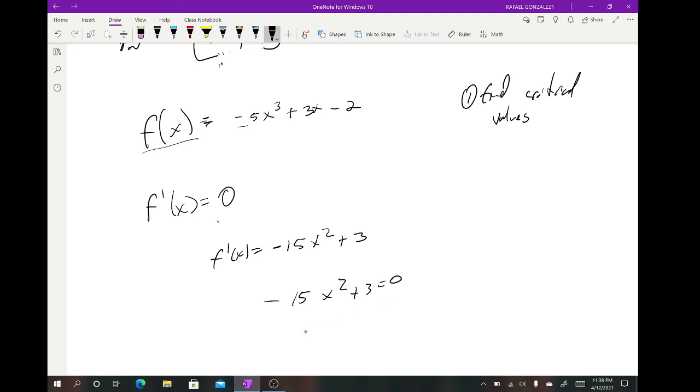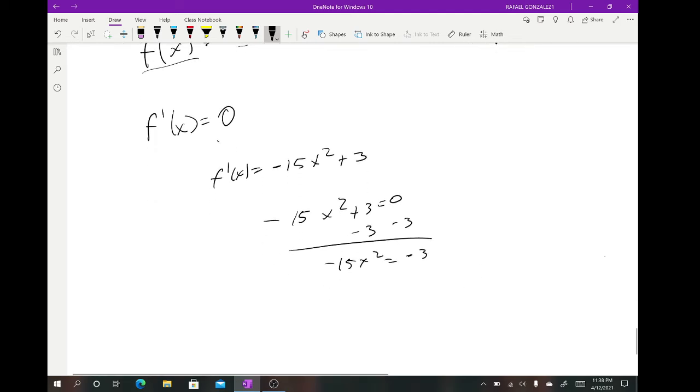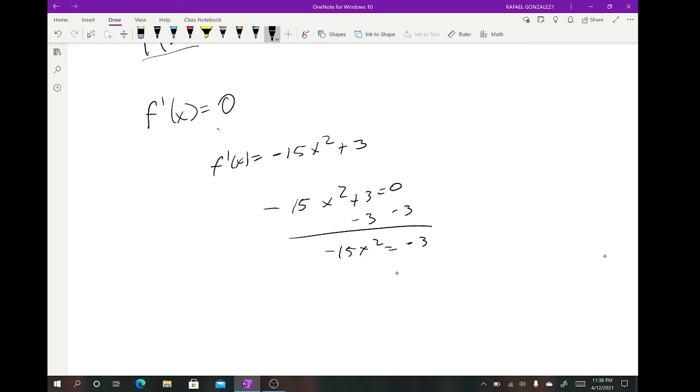If we subtract 3 on both sides, we get -15x squared equals -3. Then we could divide both sides by -15, so we get x squared is equal to 1 over 5, because 3 goes into both of them. And then we take the square root, so we get x is equal to plus or minus radical 1/5.